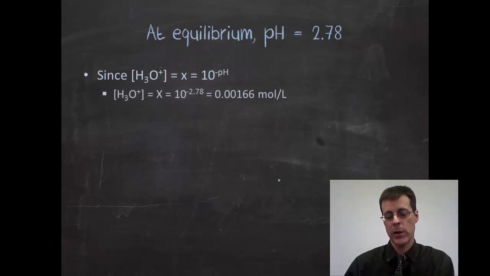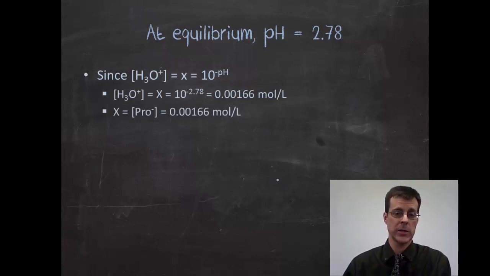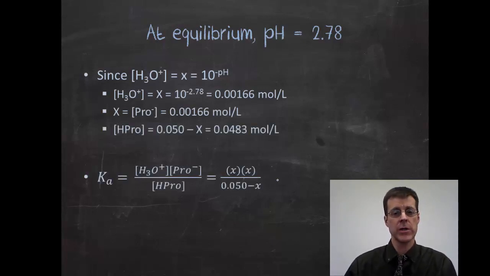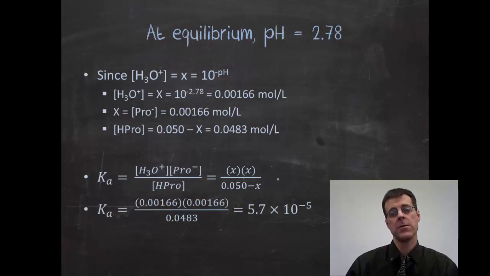And if I can calculate one of the equilibrium concentrations, that means I can calculate the other equilibrium concentrations. And once I know all the equilibrium concentrations, then I go to my K expression, and I can put those values in, solve for K.